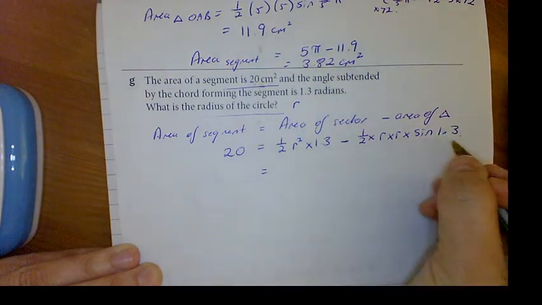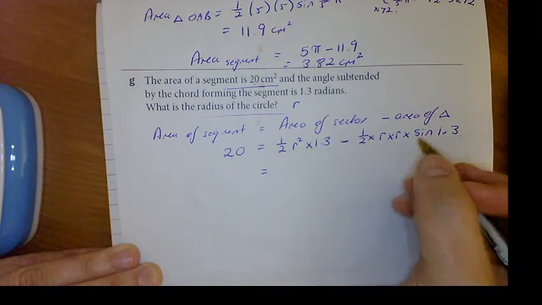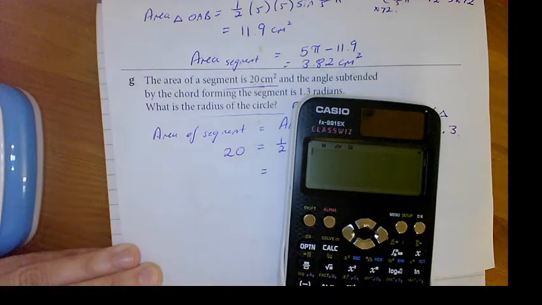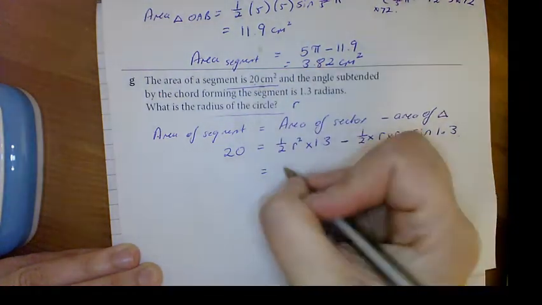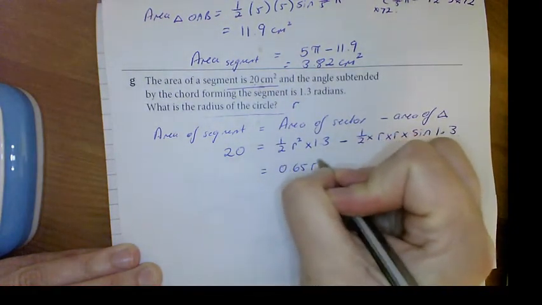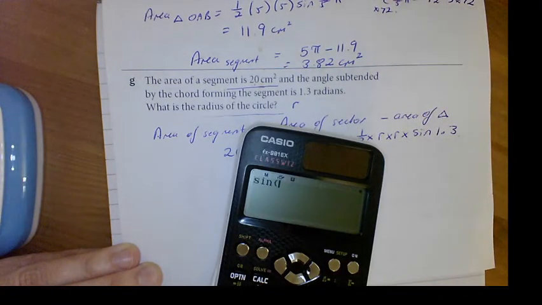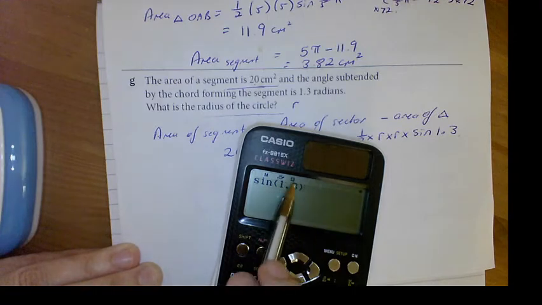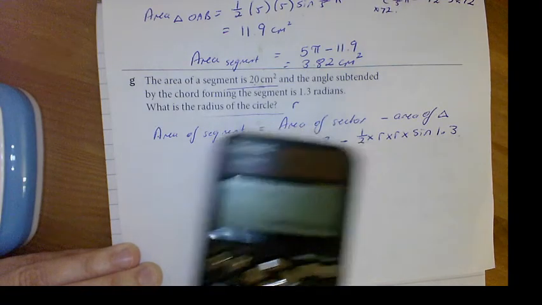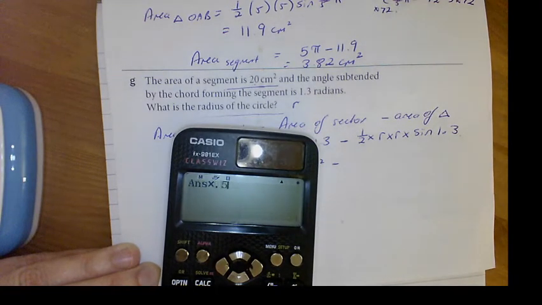Well, I could simplify this a little, and I could work out that a half times 1.3 is 0.65. So 0.65 r squared minus sine of 1.3, once again my calculator is in radian mode, times by 0.5 is 0.4817.